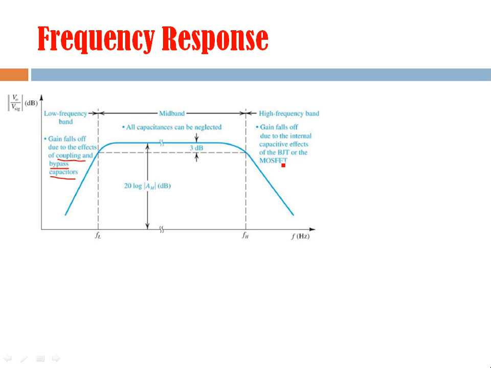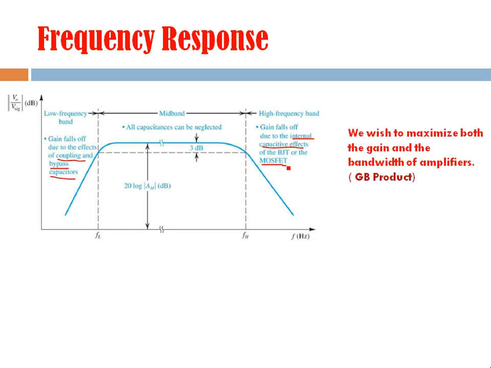But if we go to the higher frequency range, here the decrease in the gain is because of the capacitive effects which are internal to the devices. They are present in both MOSFET and BJT devices, but in the present discussion we are more concerned about the MOSFET devices, right?